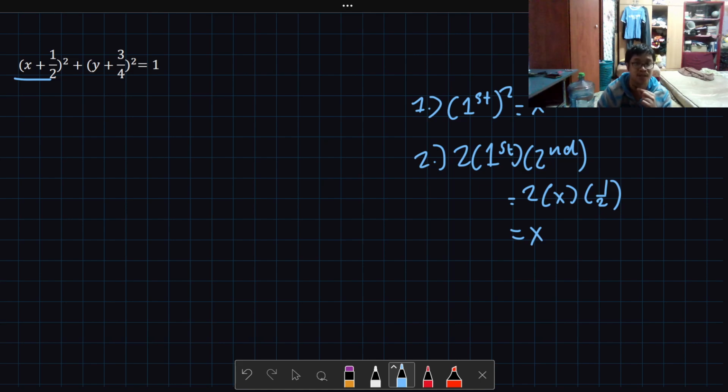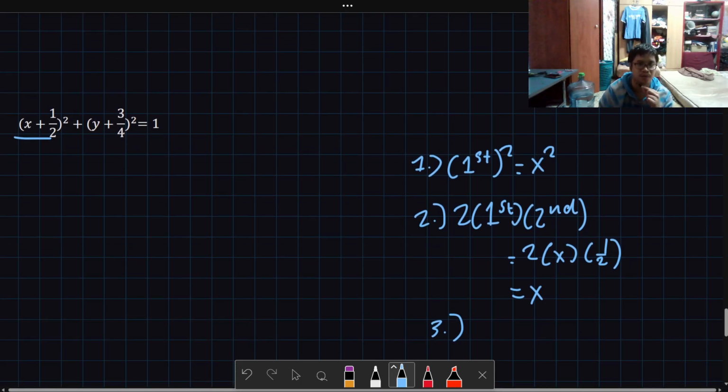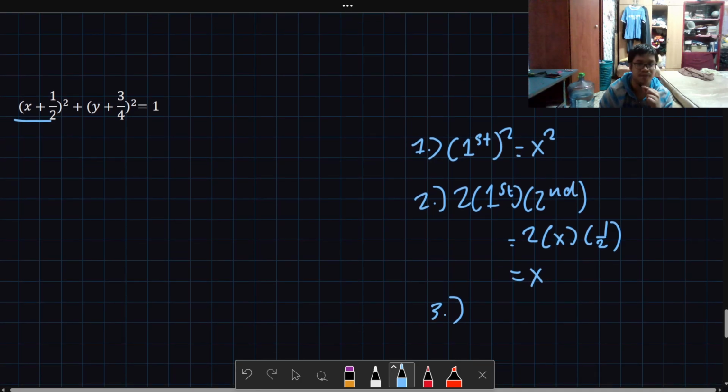So the answer for that is simply x. Then for the third step, oh wait, I forgot. Sorry, the first step is not visible because my camera blocked it. So the third step here is square the second term. The second term is 1 half, so the square of 1 half is 1/4. Add them together and you get x squared plus x plus 1/4.